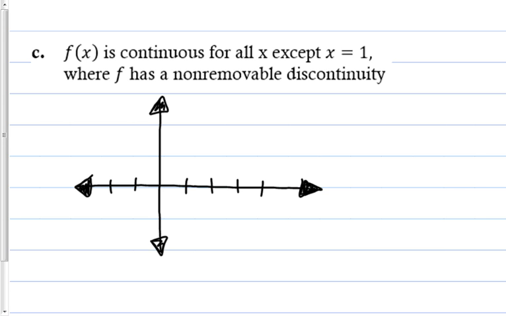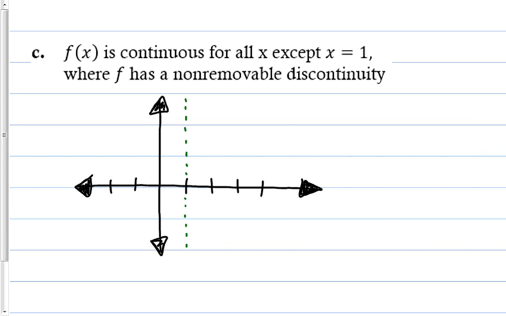Okay, so the last 2 I did were non-removable, but this one doesn't really say anything other than that it is continuous everywhere except for at x equals 1, and it has to be non-removable. So I can't make it a point discontinuity, which is fine, but I think I want to use one that I haven't used yet. So at x equals 1, let's pretend we have a vertical asymptote at x equals 1.